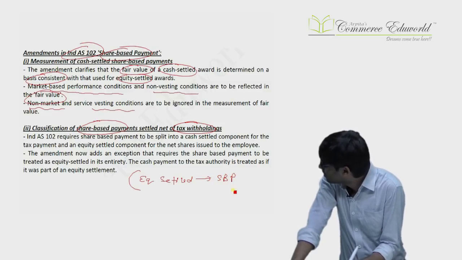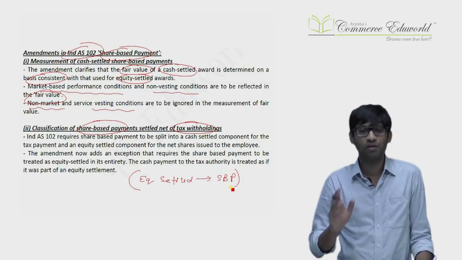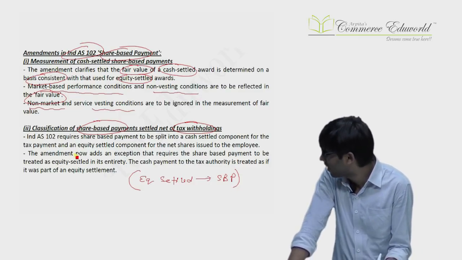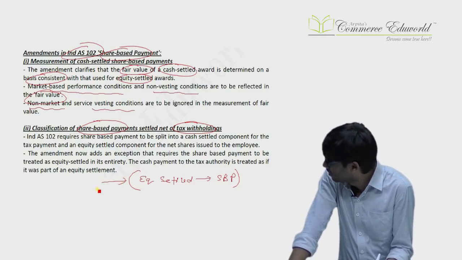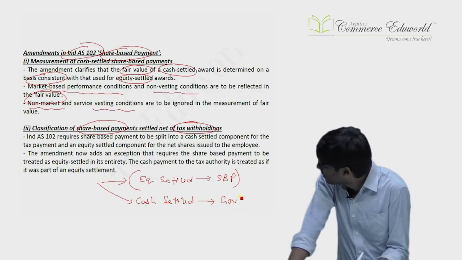When making it, they understood that some amount has to be withheld as tax and given to the government. So they divided that into two parts, equity settled and cash settled. The cash settled part was withheld and given to the government, and the equity settled part was given to the employees.